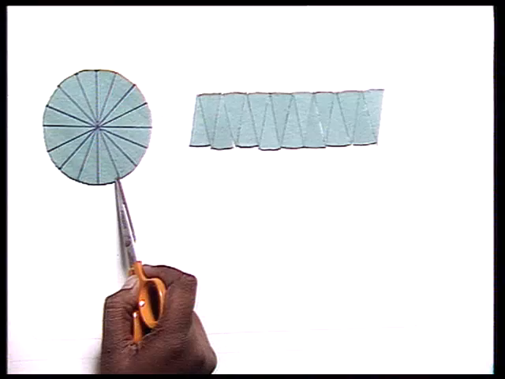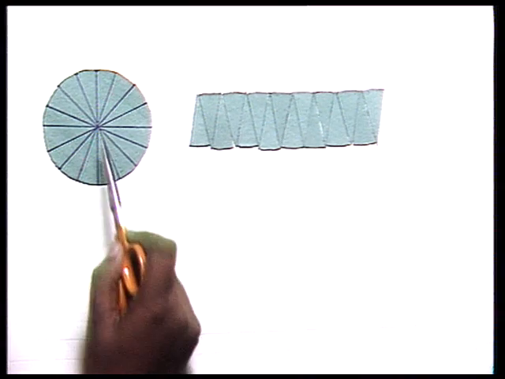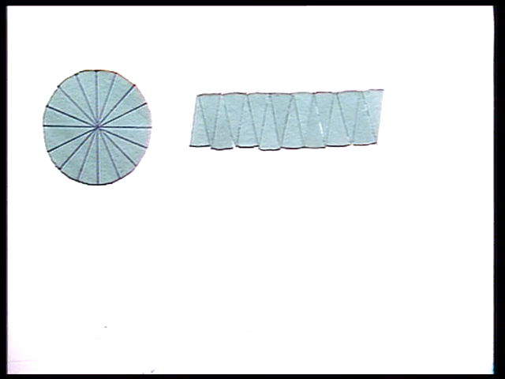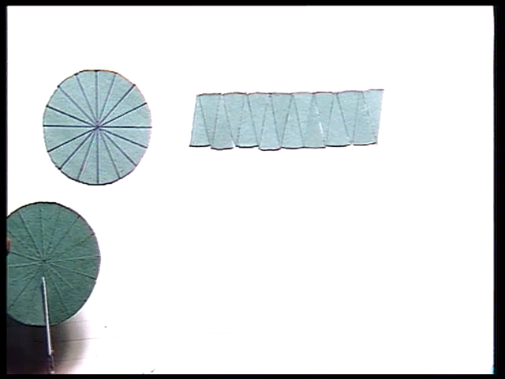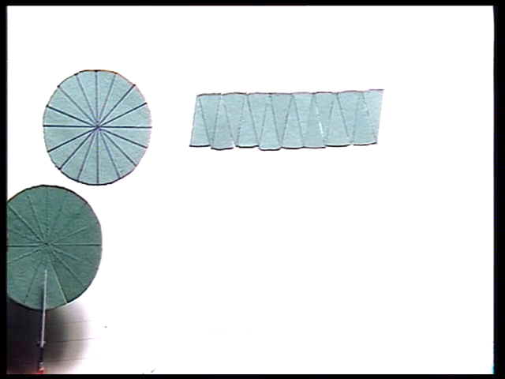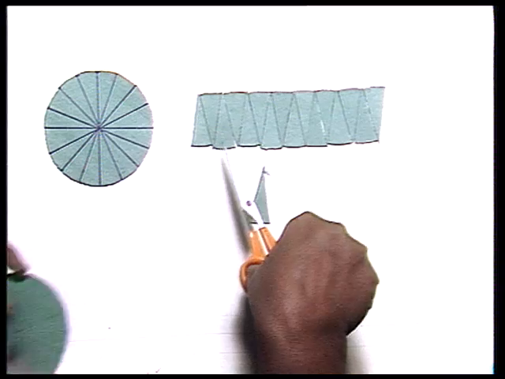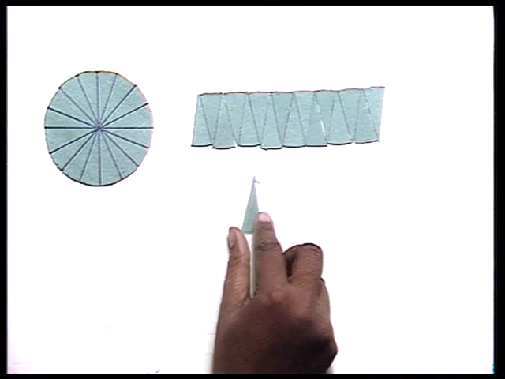But how can we find out the area of a circle? This is a circle, we have to find out its area. If we divide this into a number of sectors and we cut them, like this is one sector, and arrange them in this order, then what shape do we get here?